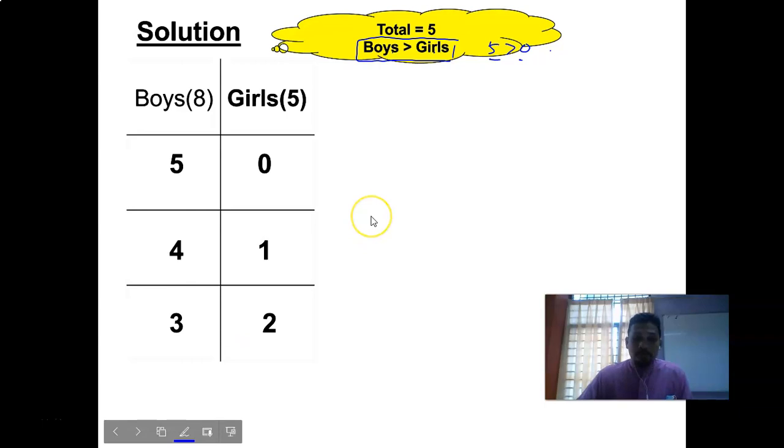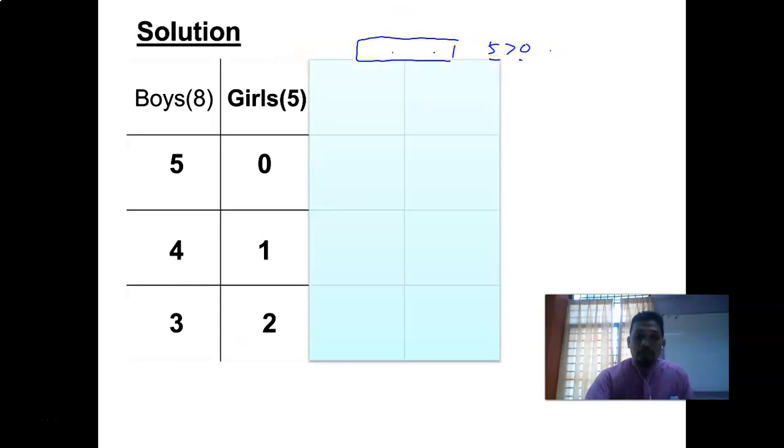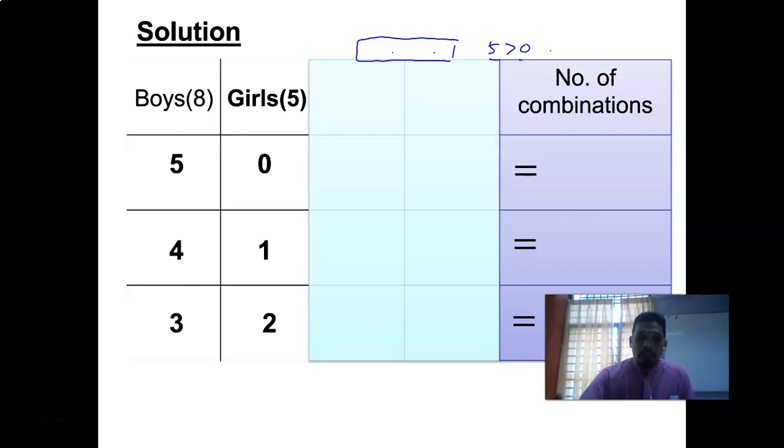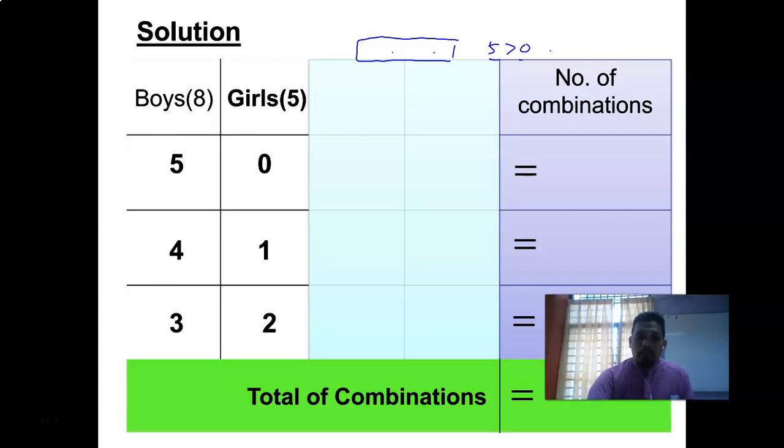Okay, now earlier we mentioned in the question that there are 8 boys and 5 girls. So 8C5, from 8 boys we choose 5, and then multiply with 5C0. Use the calculator to find the answer.